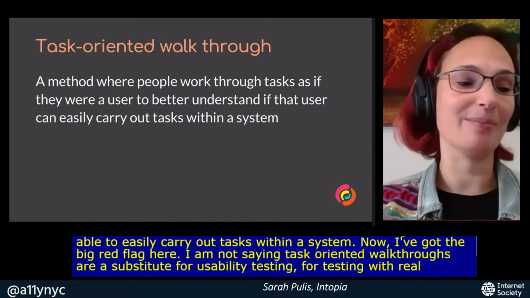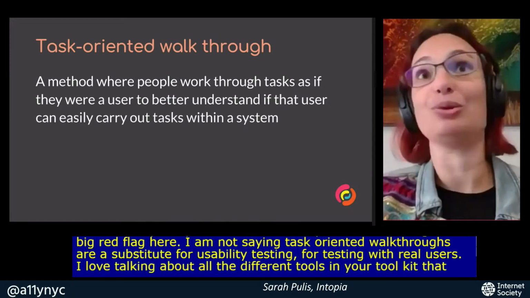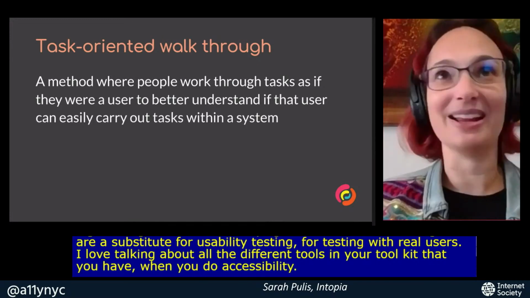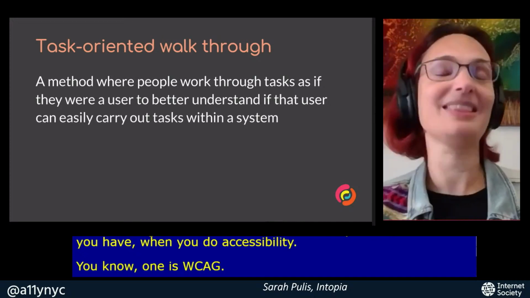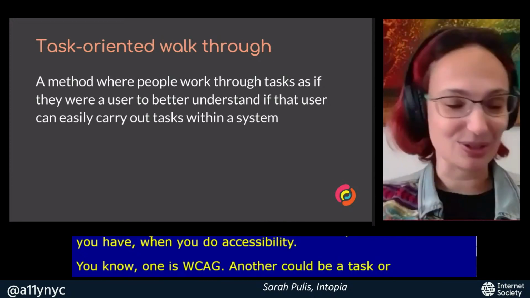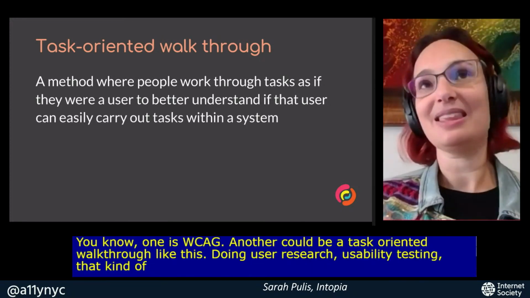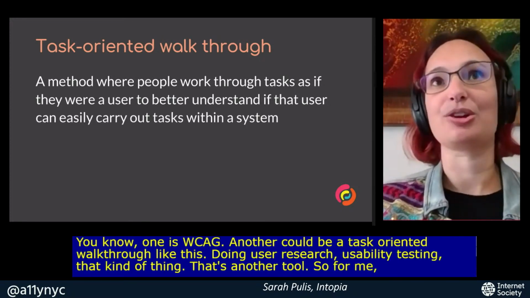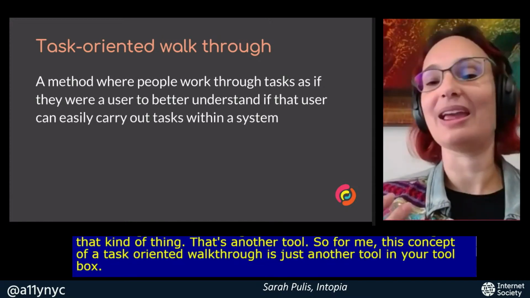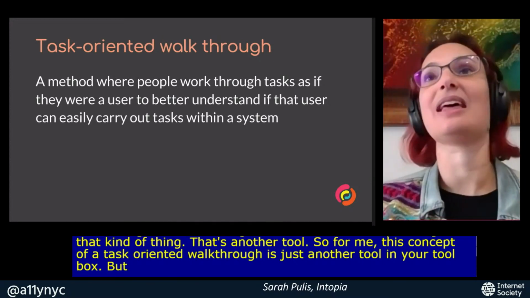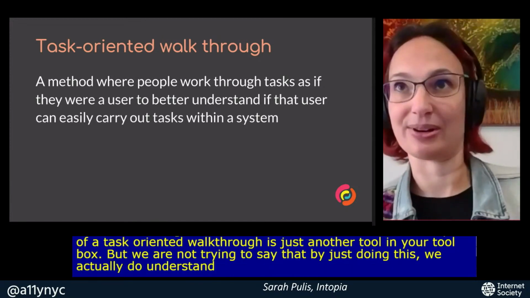I love talking about all the different tools in your toolkit that you have when you do accessibility. One is WCAG. Another could be a task-oriented walkthrough like this, doing user research, usability testing, that kind of thing. That's another tool. So for me, this concept of a task-oriented walkthrough is just another tool in your toolbox. But we are not trying to say that by just doing this, we actually do understand what a real user's experience will be.